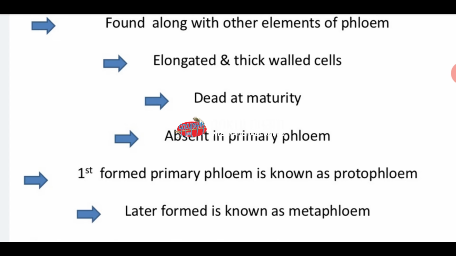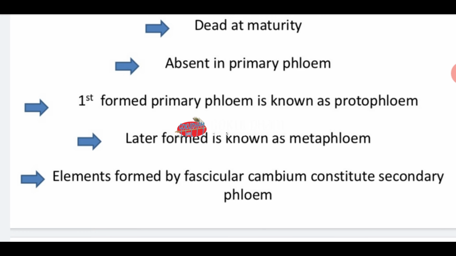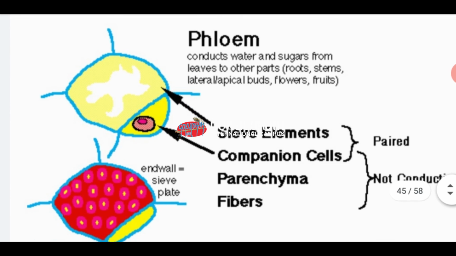Likewise in phloem, the first forming phloem is known as protophloem and the later formed phloem is known as metaphloem. Elements formed by the fascicular cambium constitute the secondary phloem. Now this is the structure of phloem. It shows the sieve element, companion cell which is present in pair, and then parenchyma and fibers.